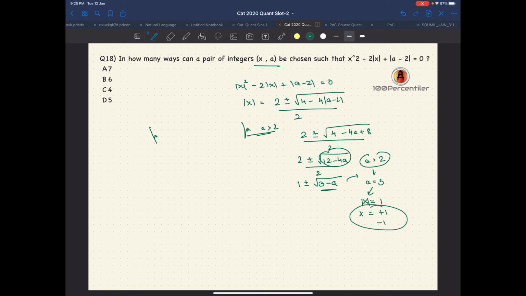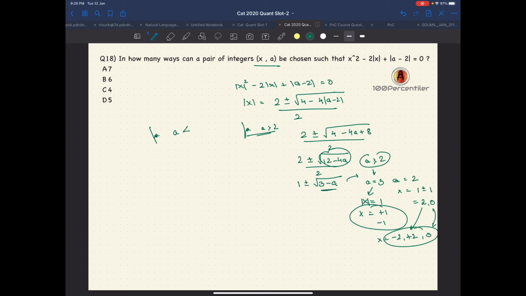Now similarly, this is actually greater or equal to 2, so a can also be equal to 2 here. So in that case, mod x will be 1 plus minus 1, which is x can be 2 or 0. Now for 2, we can have minus 2 and plus 2 for x, and 0 will be 0. So 3 more solutions here.